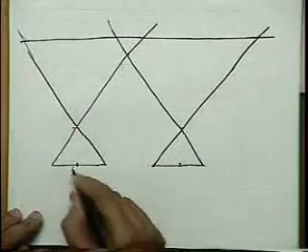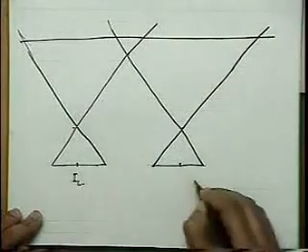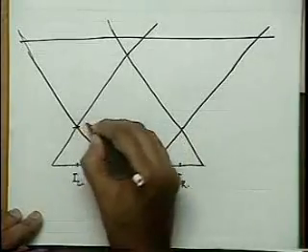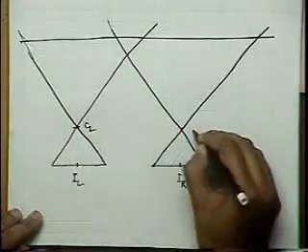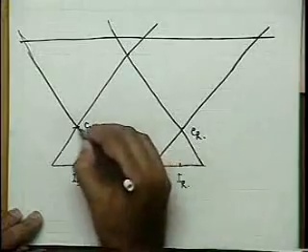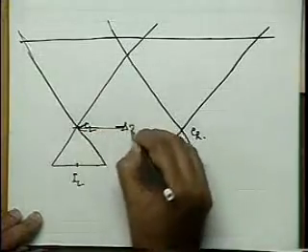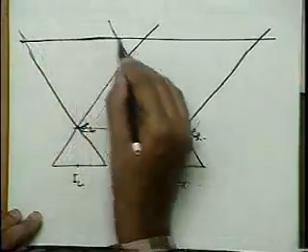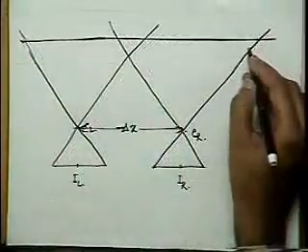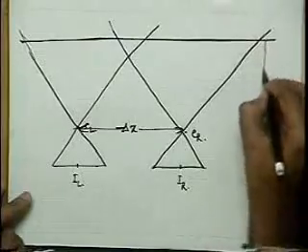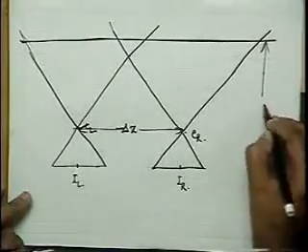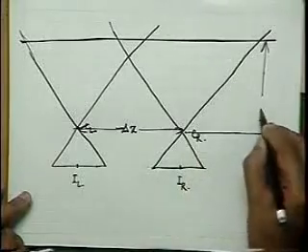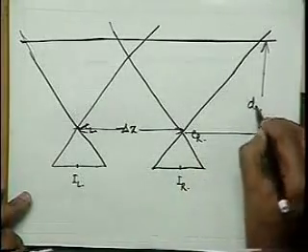So this is the left camera, IL center, this is the right camera, IR center, this is CL, this is CR. They have the distance delta x in between them, and I have assumed that this is the maximum depth, that is to say I have this distance equal to d max.